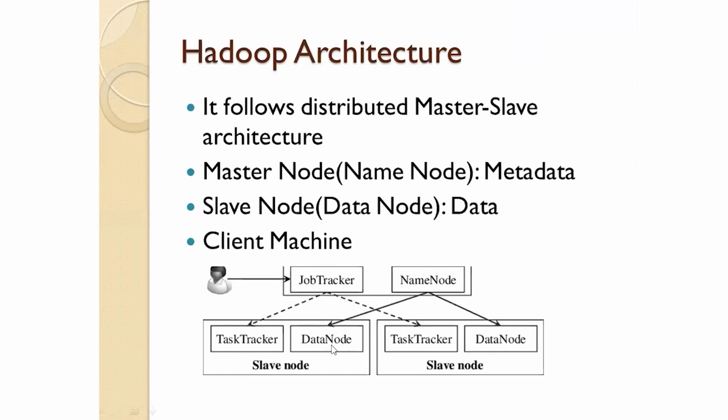Normal resources can be used, and if we require more computation power or more resources, then we can add a few more data nodes to our cluster so that we can accommodate the volume of data.